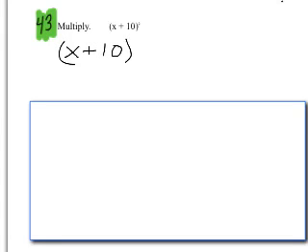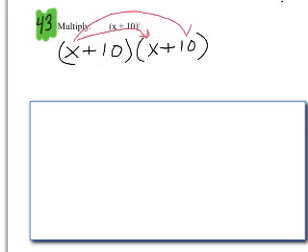So x plus 10 times x plus 10. And then we just take our first number, multiply it times both of them. So that gives us x squared plus 10x.